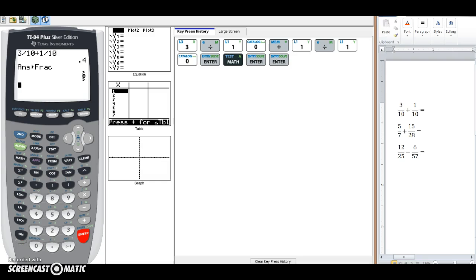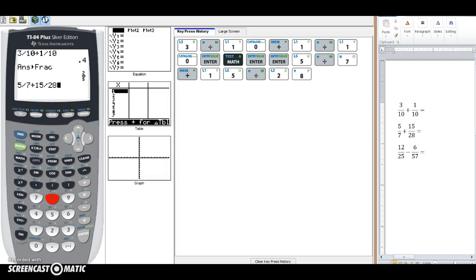Okay, so let's do the second example. I need to add 5/7, so 5 divided by 7. Add to that 15 over 28, so I need to press 15, divide that by 28. And if I press enter right now, I get the decimal answer 1.25.